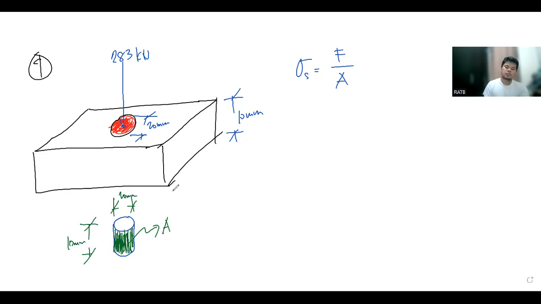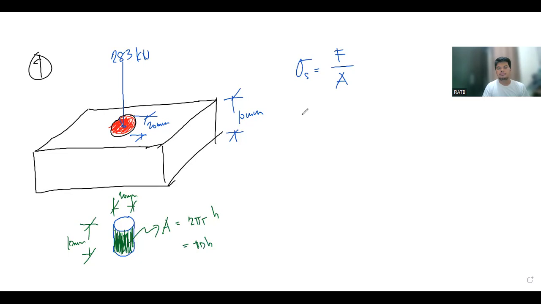If you go back into your geometry, the solid removed from the plate is of cylindrical form, and the lateral surface area of a cylinder is given by 2 pi r, the circumference of the circle, multiplied by the height, or basically pi times diameter multiplied by h.